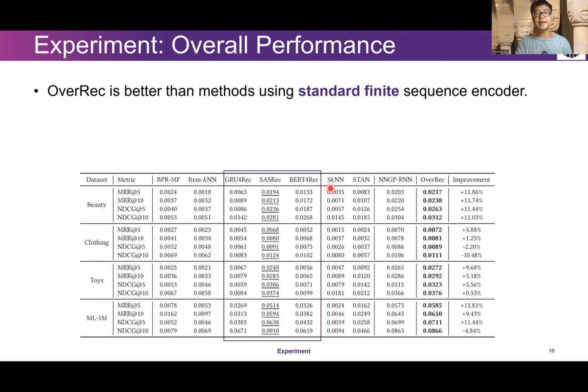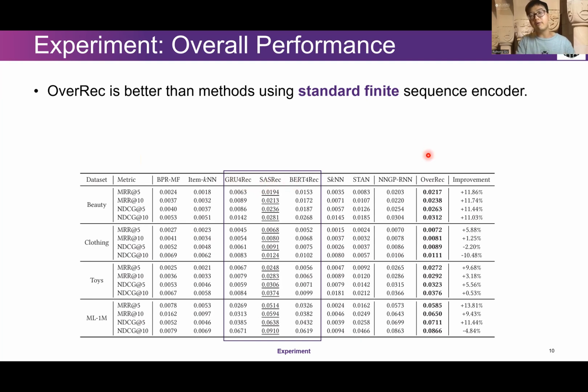Then we first see the overall performance. We can see that OverRec, our proposed model, is better than the methods using standard finite sequence encoders. For example, we compared OverRec with GRU4Rec using GRU, SASRec using self-attention, and BERT4Rec using BERT.